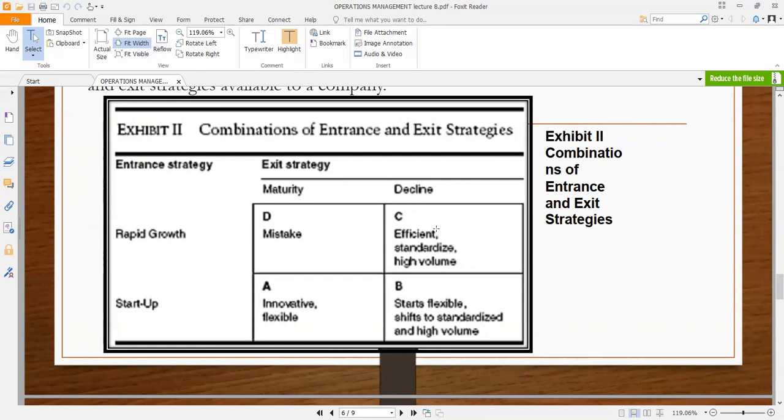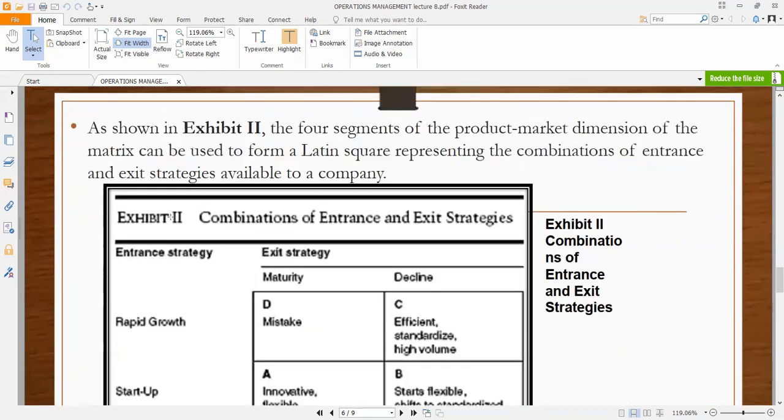Then C, we're talking about decline: efficient, standardized, high volume. Then startup, we're talking about innovation and flexibility. So on B, we're saying it starts flexible, then shifts to standardized and high volume. So this is exhibit 2.